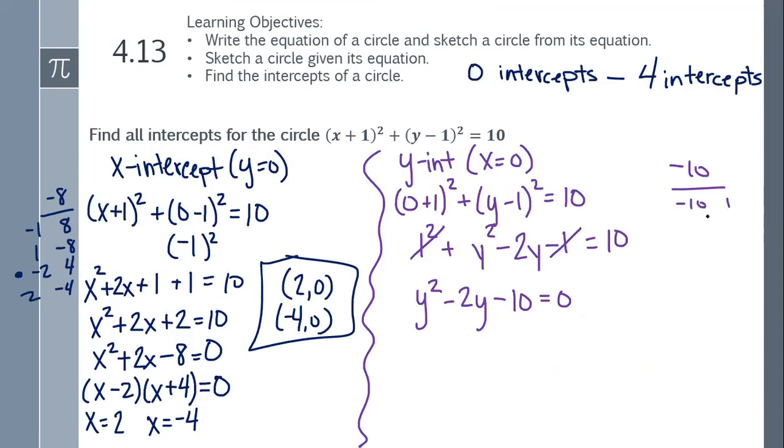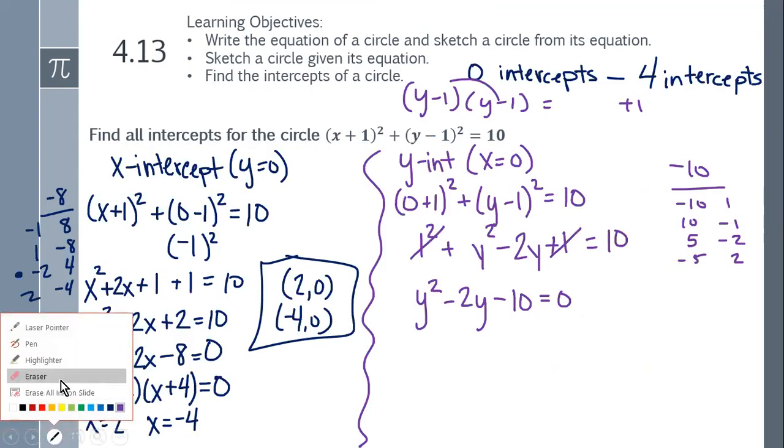Negative 10 and 1, 10 and negative 1, 5 and negative 2, negative 5 and positive 2. I feel like I did something wrong here. Ah, yes, I did. A negative y times a negative y is a positive y squared, and a negative times a negative is a positive. Must remember that. Okay, so that's a plus. So those don't actually cancel each other out after all.